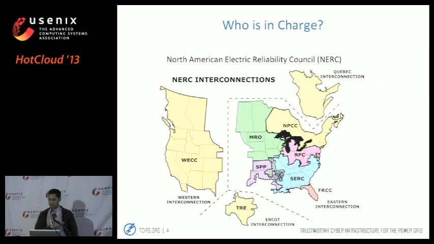So who's in charge? At least in North America, there is an organization called the North American Electric Reliability Council. They have the authority to oversee the operations. They derive their authority from the Federal Energy Regulatory Commission. We probably don't need to know the hierarchy, except regulation plays a huge role in the adoption of clouds by the power sector.